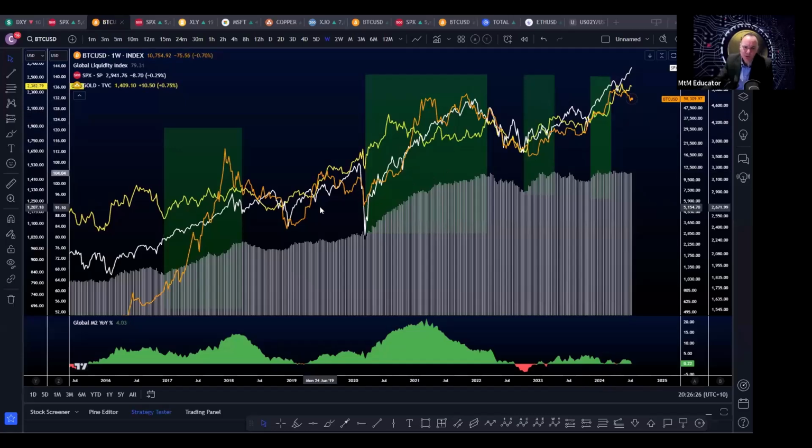When we look at periods where M2 money supply is positive, you can see how, irrespective of whether we're talking equities, gold, or Bitcoin, it drives a massive increase in price in all of those asset classes.